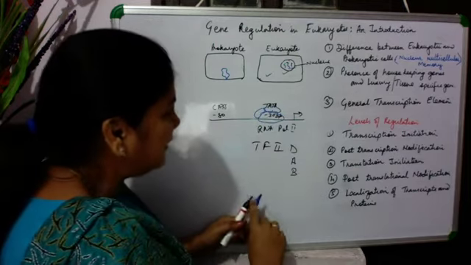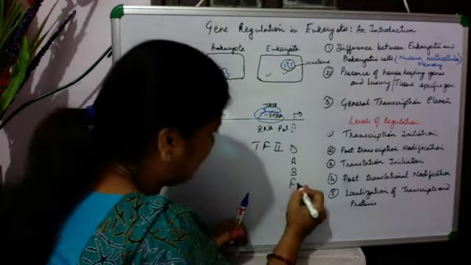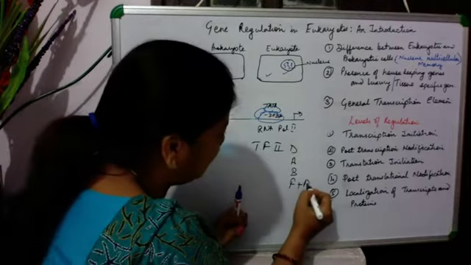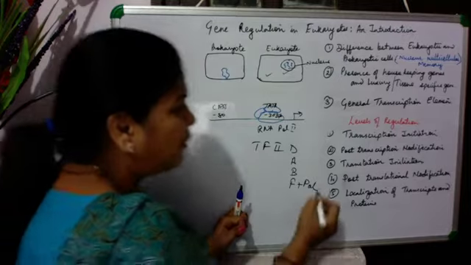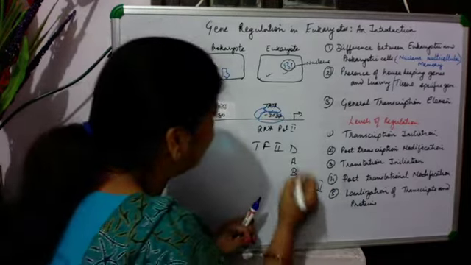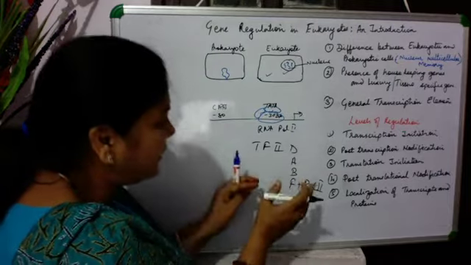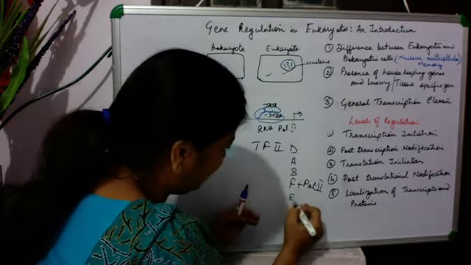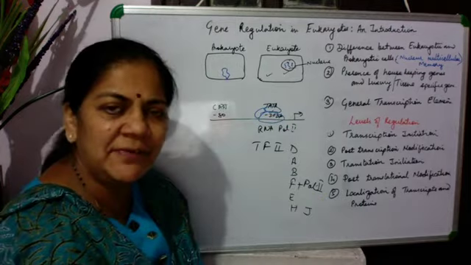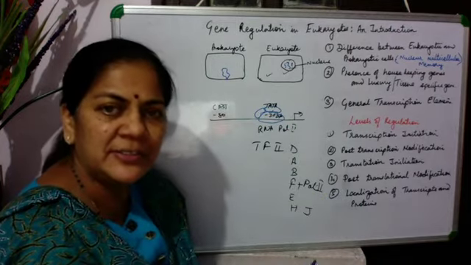Then comes TF2F, which associates with Pol 2. Then there are additional factors TF2E, H and J, and they form a very large complex.